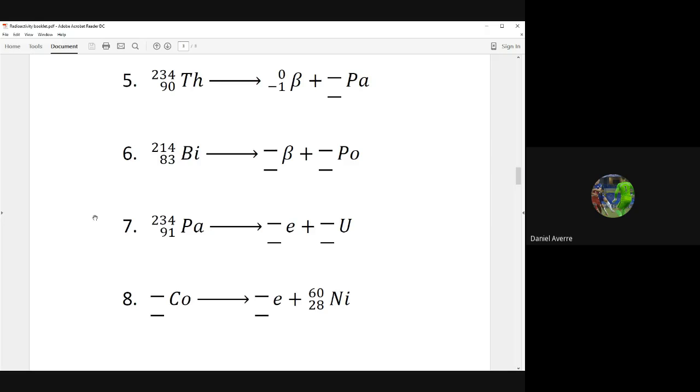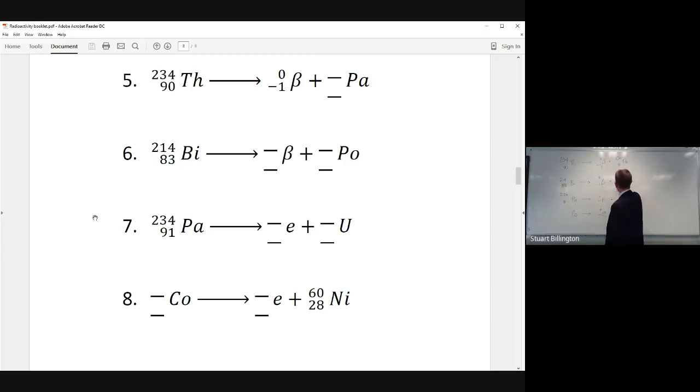Sorry. Is it 214 and 84? Correct, thank you very much. So the total number of protons and neutrons hasn't changed. It was 214, it's still 214, but the number of protons has gone up one because a neutron has turned into a proton. Or, if you want to go at it mathematically, 214 plus 0 is 214, and 84 take away 1 is 83.